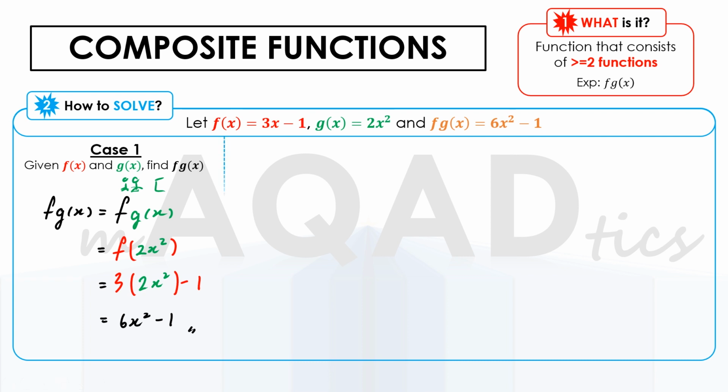The next case is, given f(x) and fg(x), we need to find g(x). This means f(x), which is the outside function, is given. Now we need to find g(x), the one inside. Let me relate this to a daily life action, which is washing clothes.